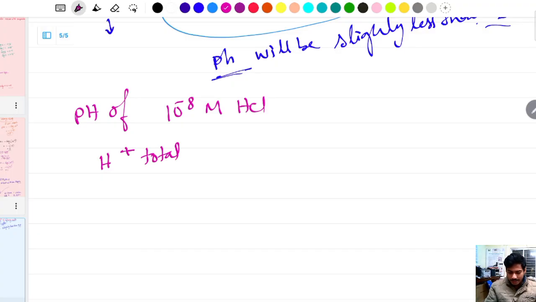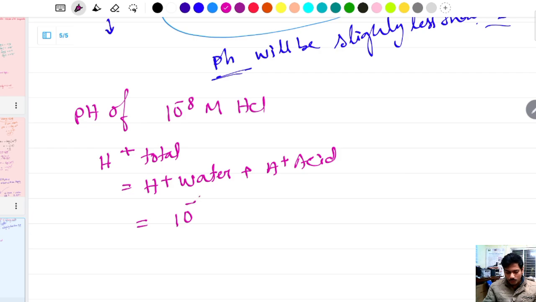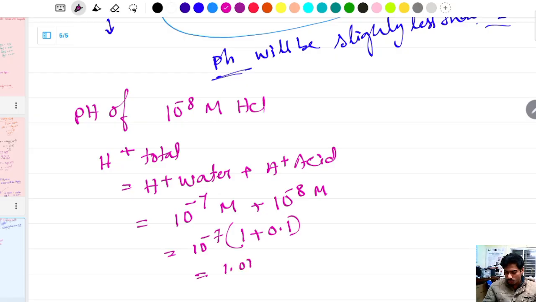So H plus total means H plus in water plus H plus in acid. H plus in water, you already know, is 10 to the power minus 7 molar, plus H plus in acid, 10 to the power minus 8 molar. So 10 to the power minus 7 is like 1 plus 0.1. It will be 1.01 into 10 to the power minus 7.